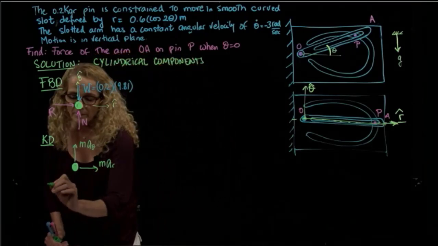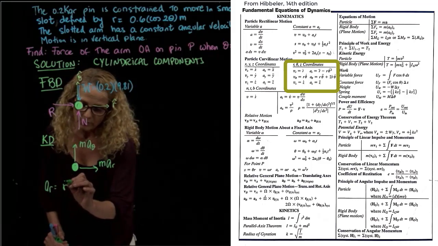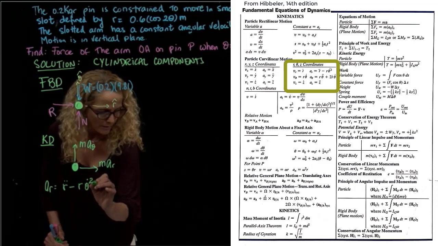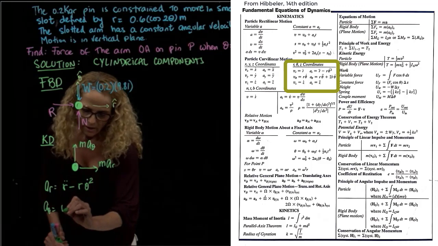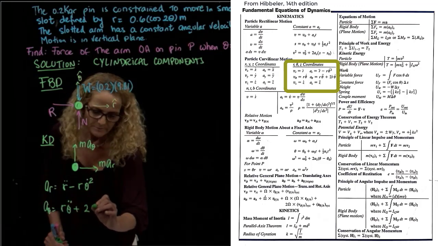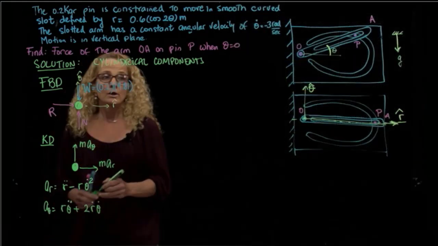We remember that a_r is equal to r double dot minus r θ dot squared, and a_θ is equal to r θ double dot plus 2 times r dot θ dot.